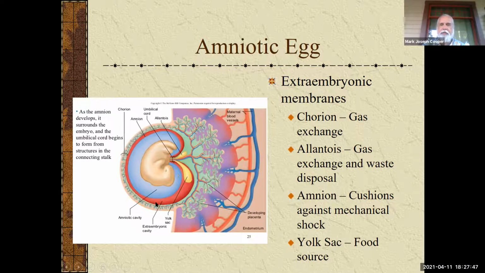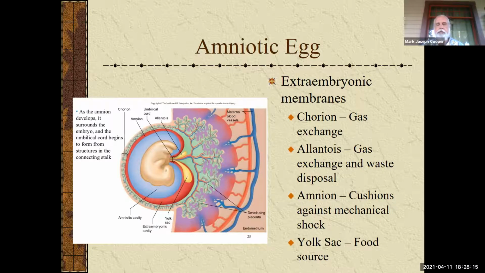And this is a mechanical barrier to make sure, you know, your mom's walking around and the belly's out there, that you're floating in this fluid to protect from things bouncing off mom's belly, I suppose, or mom running into things like that. So it's to make sure there is no damage. And the amniotic fluid is when you hear a woman's water has broken.